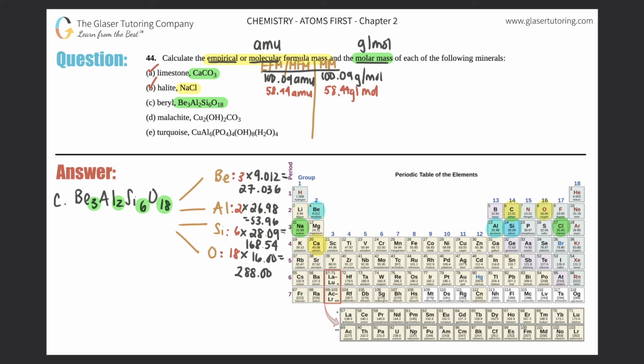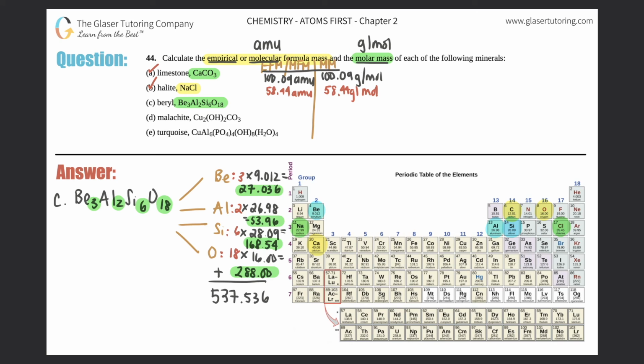Okay, we found out the whole parts. So what do we do? We always sum up the parts. So this plus this plus this plus this, it's all addition. So 27.036 plus 53.96 plus 168.54 plus 288 is 537.536.